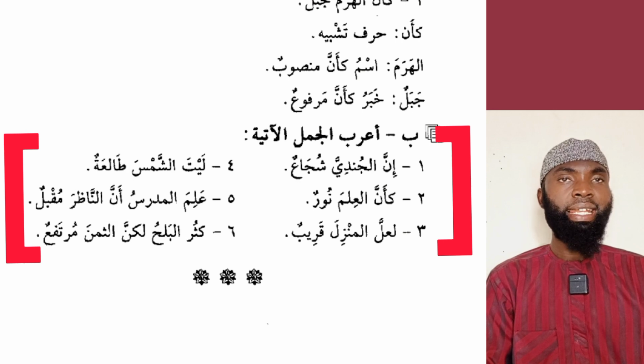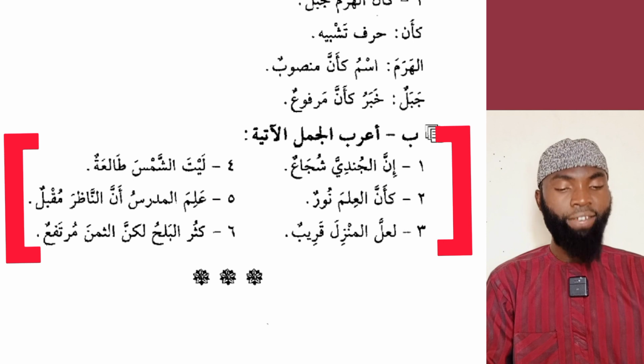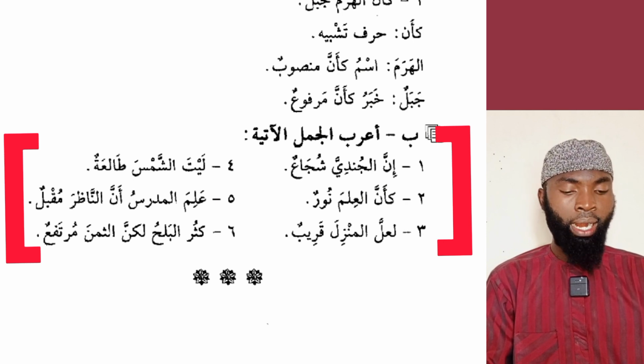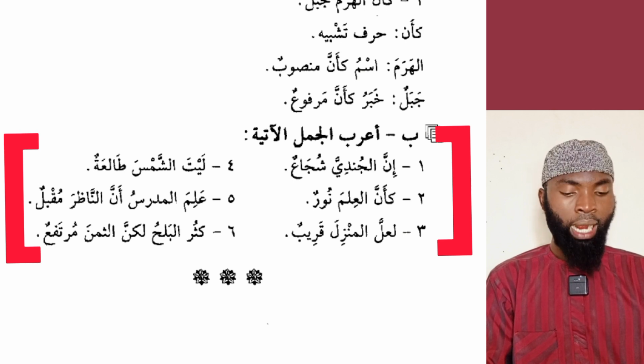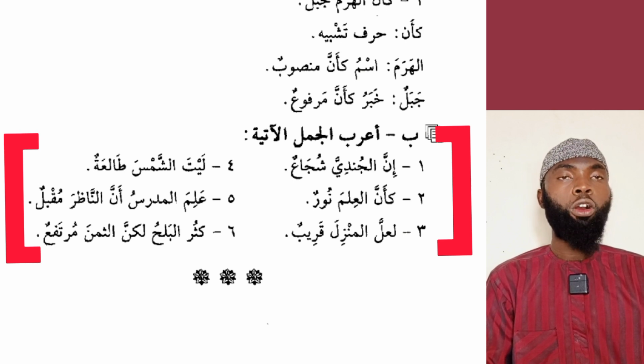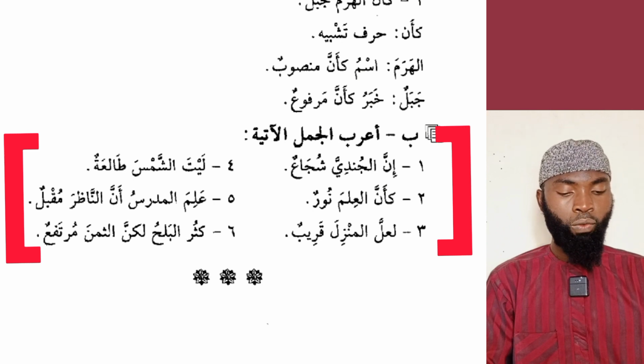The teacher learns that the director, the invigilator, is coming. So we say alima fi'lu madi, then al mudarrisu fa'ilun marfu, then anna harfu tawkidin, an-nadhira ismu anna mansubun, muqbilun khabaru anna marfu.